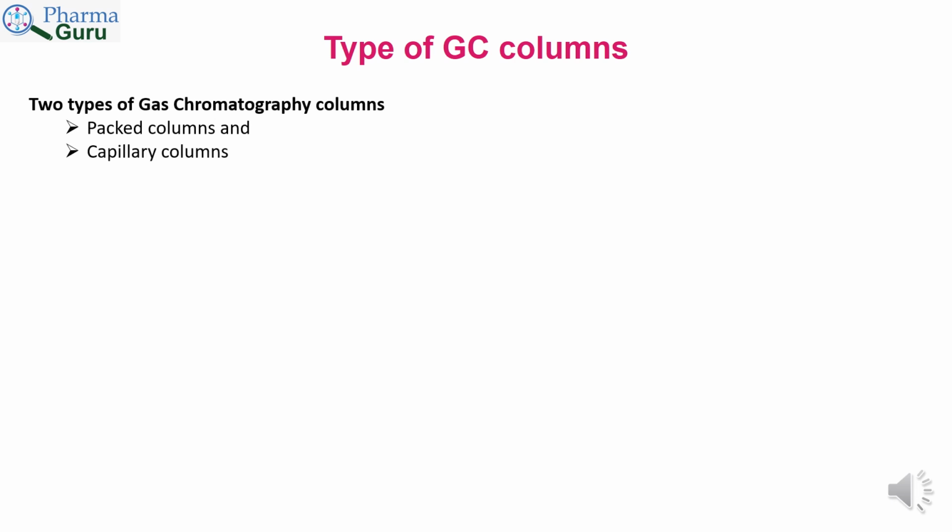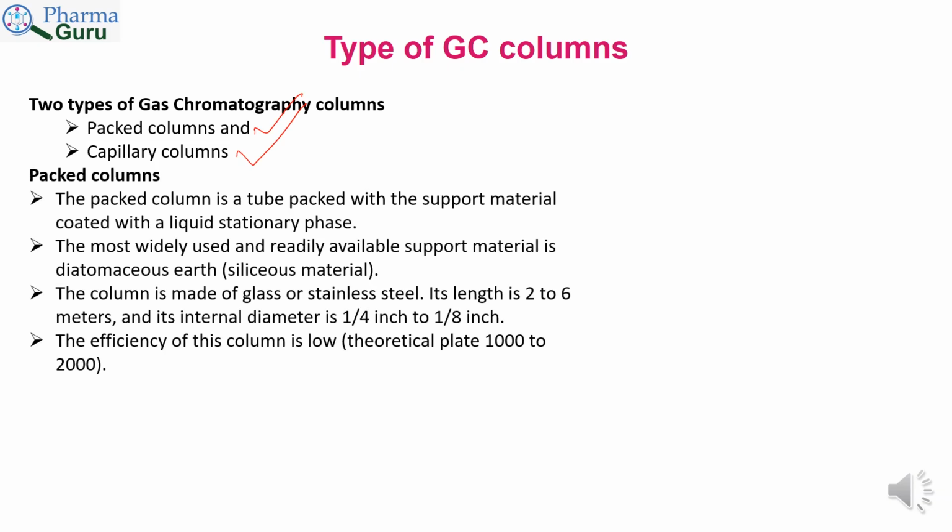Now, I am going to discuss types of GC columns. Two types of GC columns are widely used in the industries. First is the packed column, second is the capillary column. The packed column is a tube packed with support material coated with a liquid stationary phase.